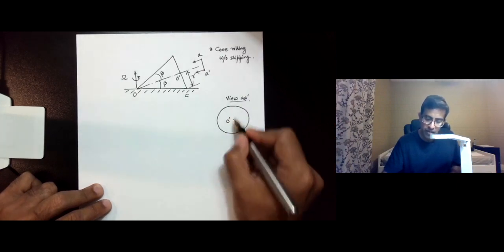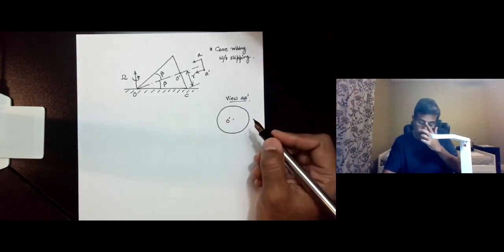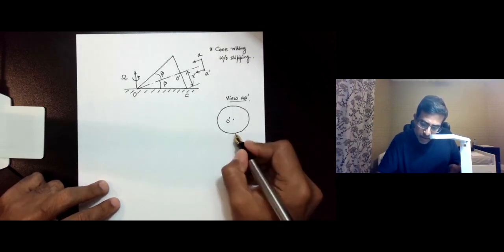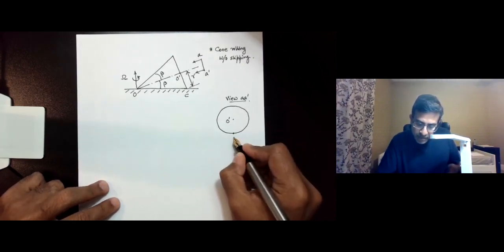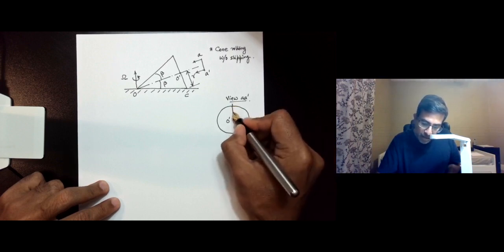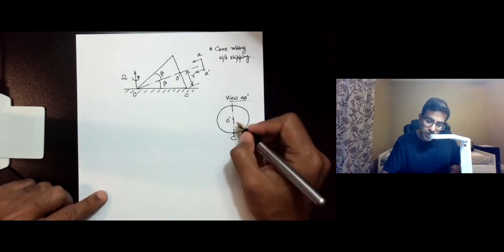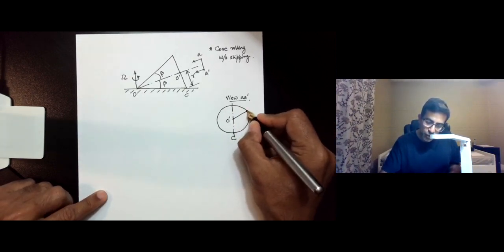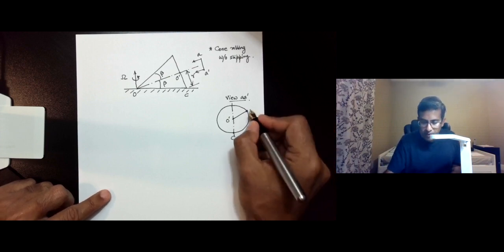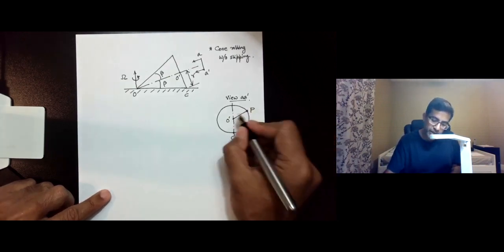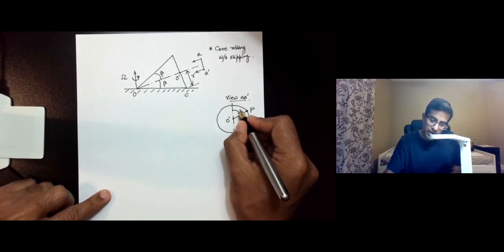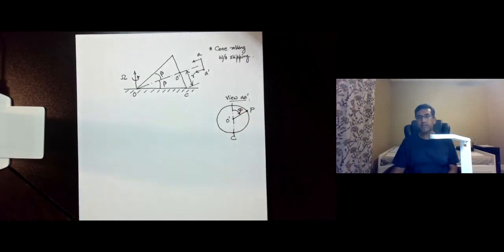The center of the circle is O prime, and the point on the circle touching the ground is C. If we draw a line through O prime and C, then it goes through the highest point on the circle, and with respect to this line we define the position of an arbitrary point on the circumference of this base circle. The location is given by this angle phi.